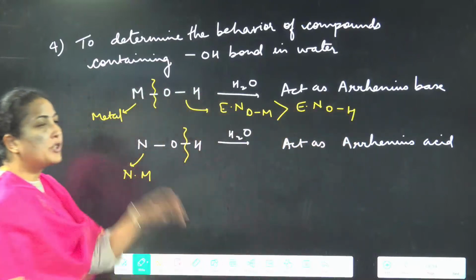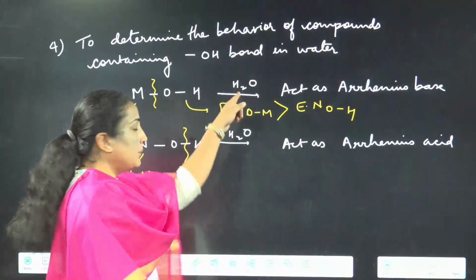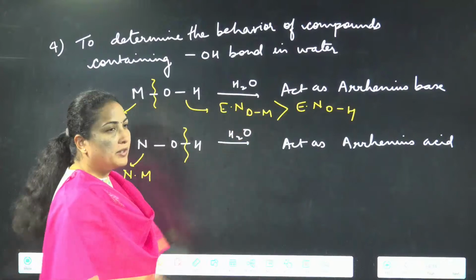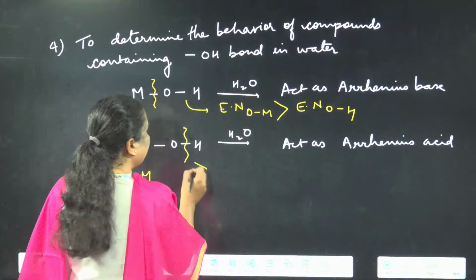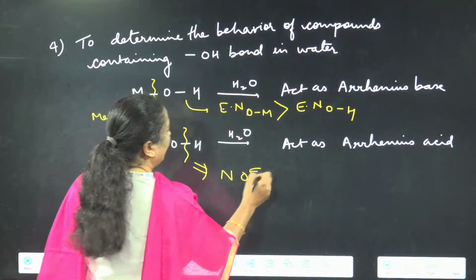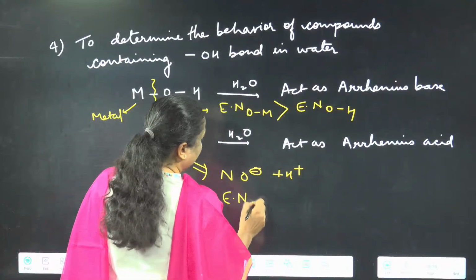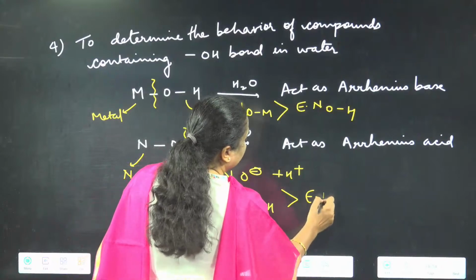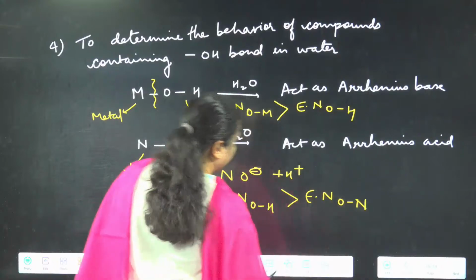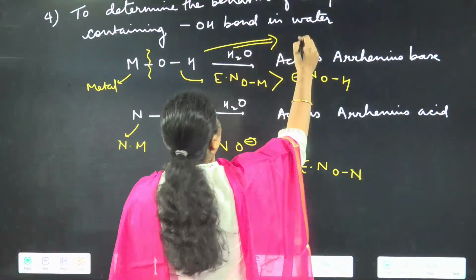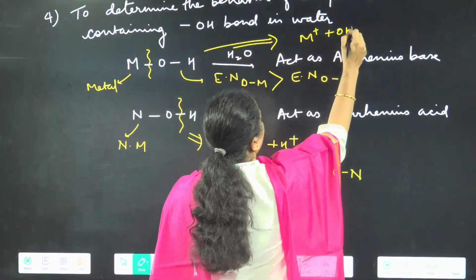Whichever is the more polar bond will be attacked by the polar water molecule, and that will break down. Here NOH breaks down as NO minus plus H plus, because the electronegativity difference for the OH bond is greater than that for the ON bond. And here MOH breaks down as M plus and OH minus.